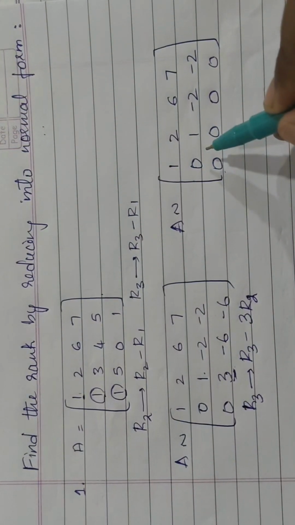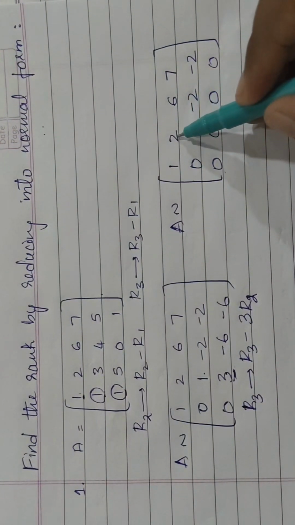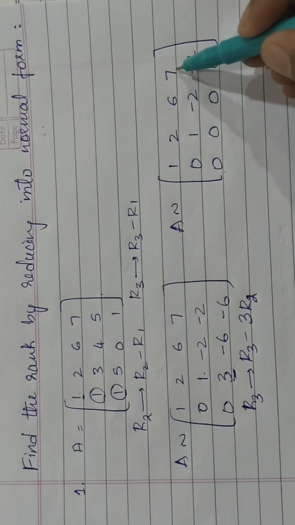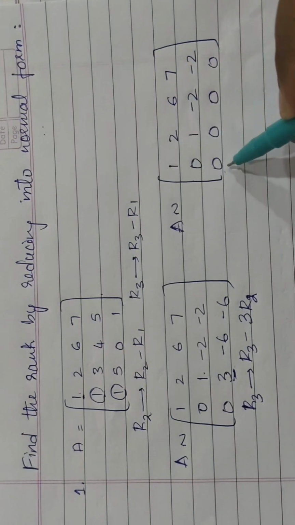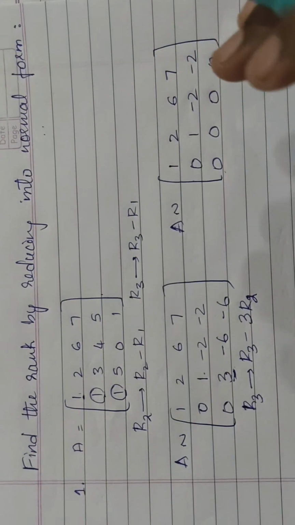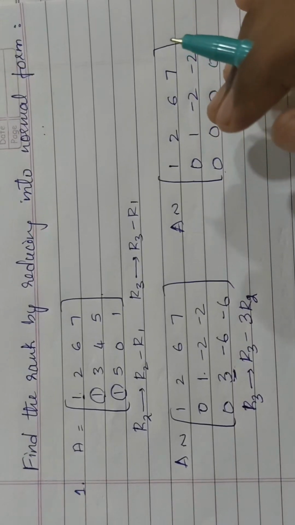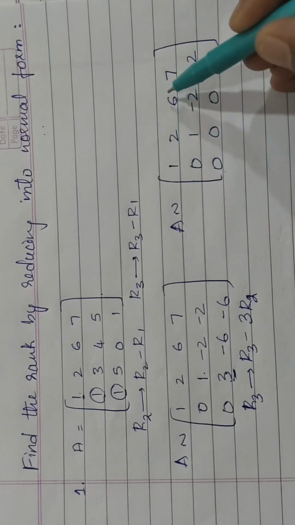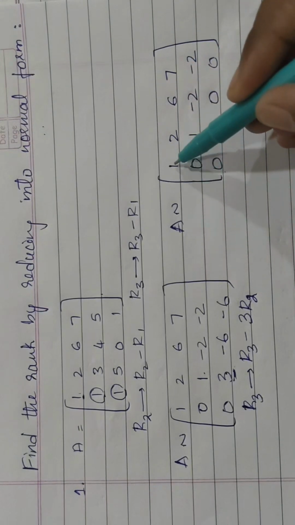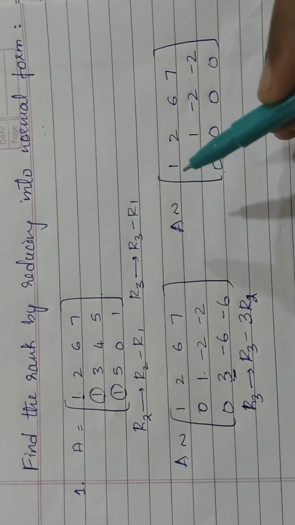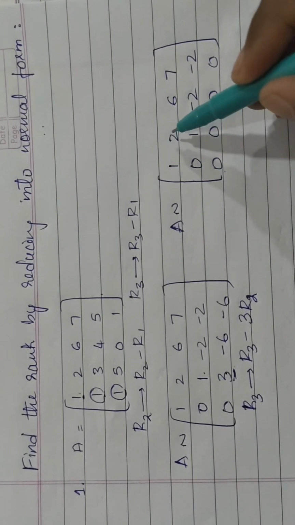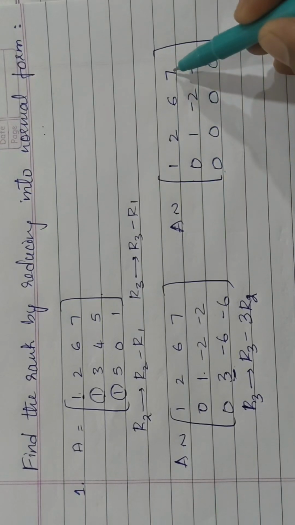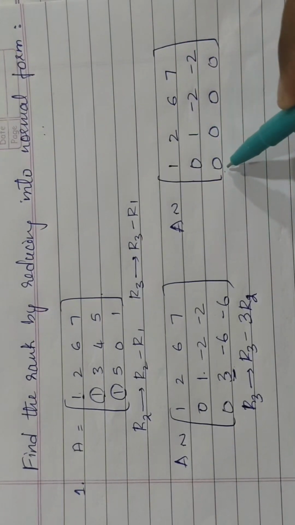So here I will make this 2, 6, 7 zero using the first column. It is very similar to row transformation: there we made these 0 using the first row, first element, and here we make 2, 6, 7 zero using the first column.